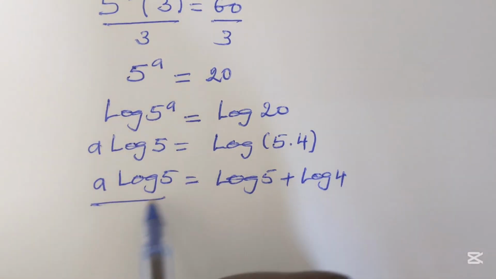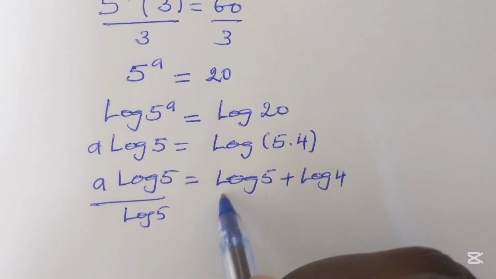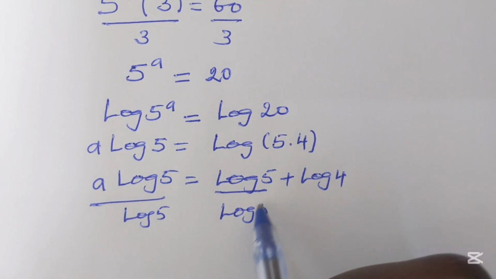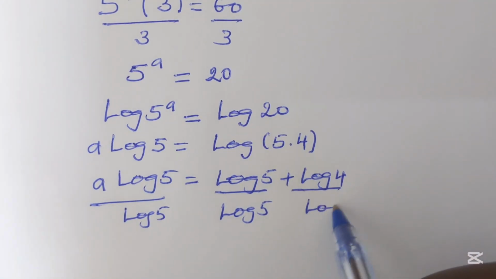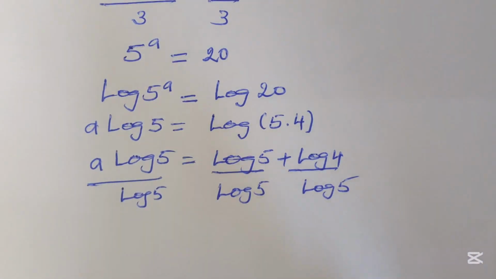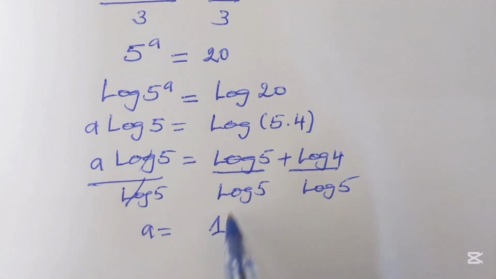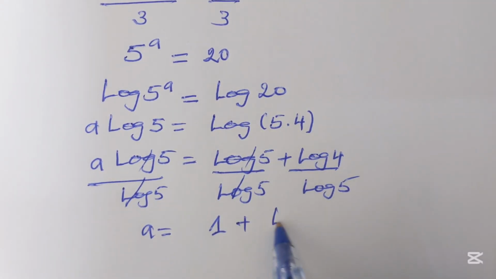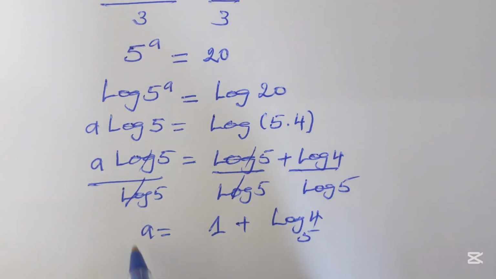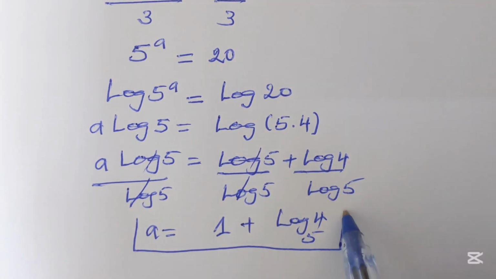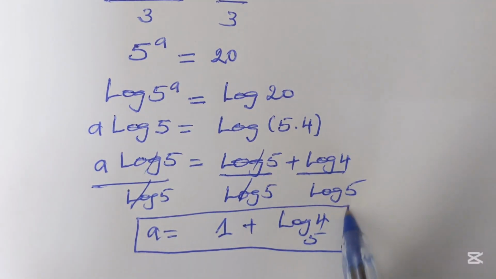We shall divide by log 5 on both sides, giving log 20 over log 5. Then simplify: a equals 1 plus log of 4 to the base 5. This is the answer, the value of a.